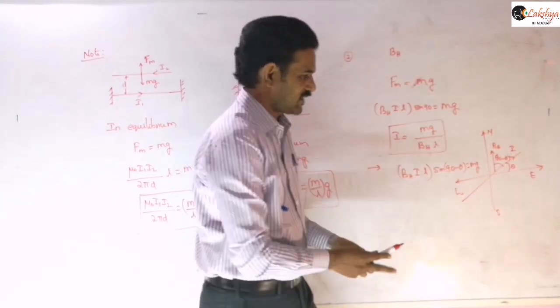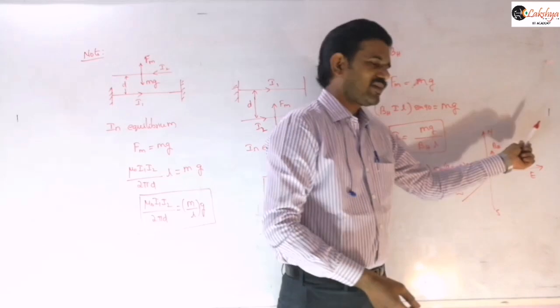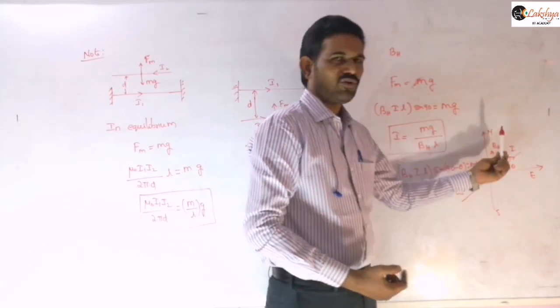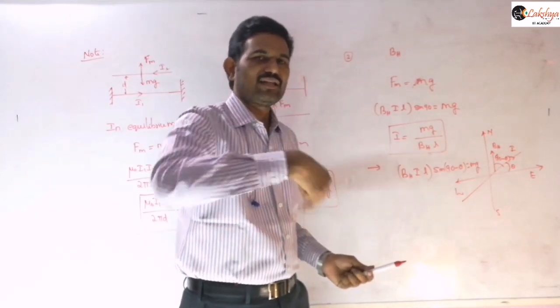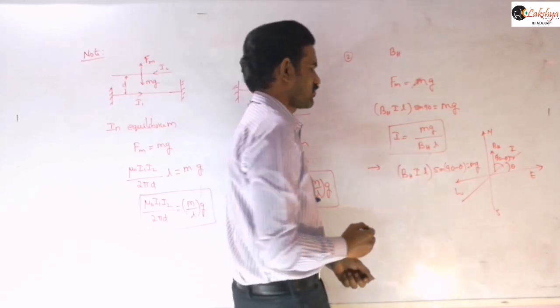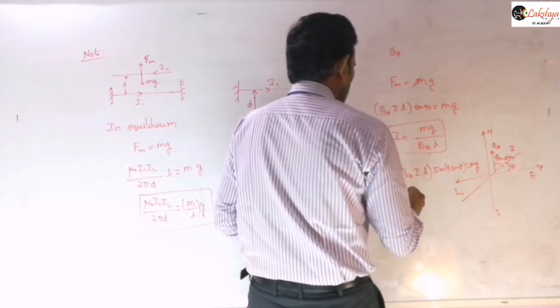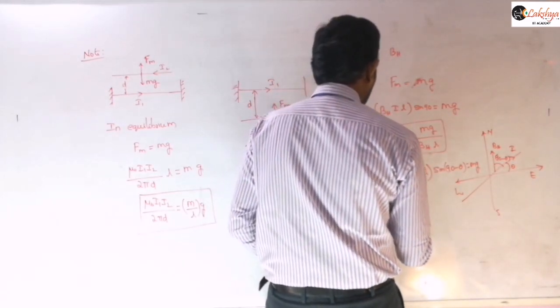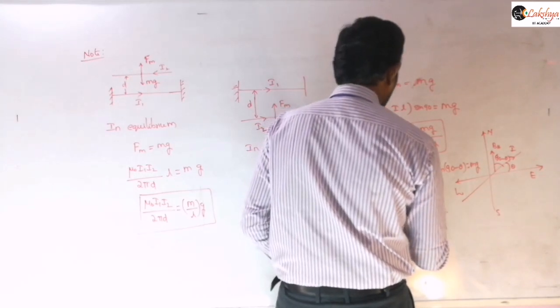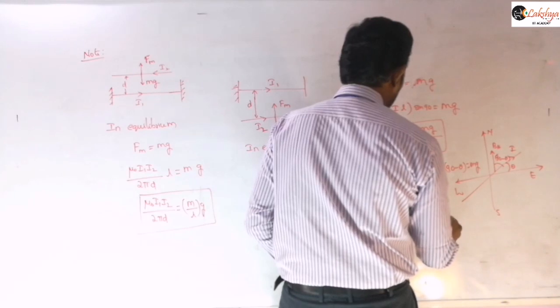L is nothing but this vector here. I into L, DL, the current element we need to consider. This B bar is along this direction. So if it is making an angle theta with the east, then here the angle will be 90 minus theta, you need to substitute there. And so from this equation, you can write I is equal to mg by BH into L into cos theta.